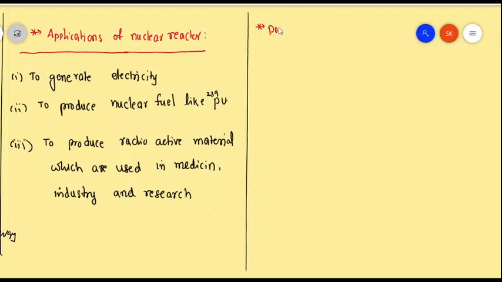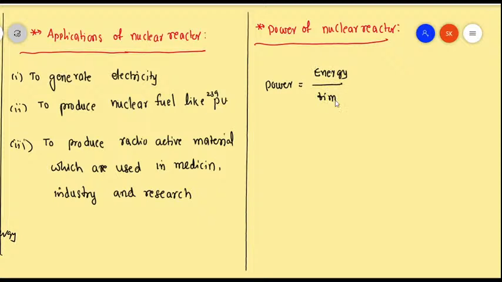How can we write the power? Power of nuclear reactor. How to find the power? Power means energy by time, right? Power is equal to energy by time. This is the formula. I want the nuclear reactor power.